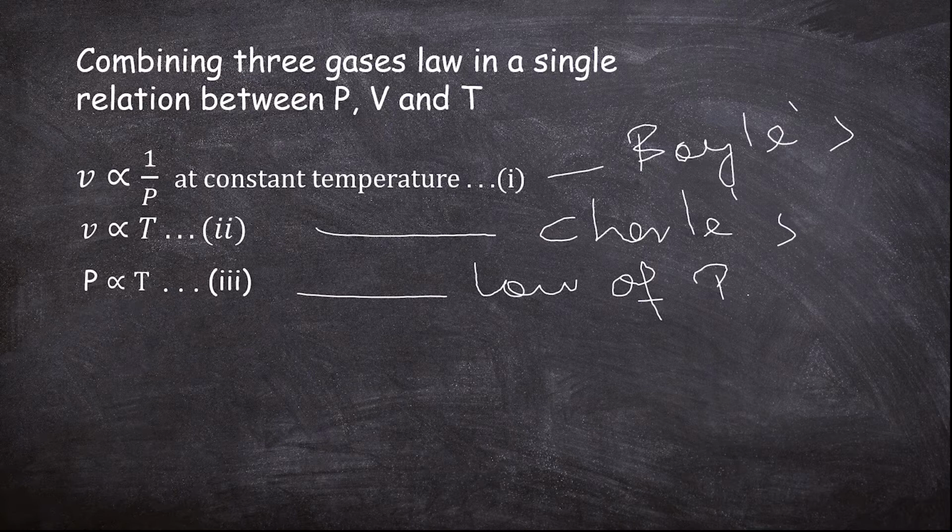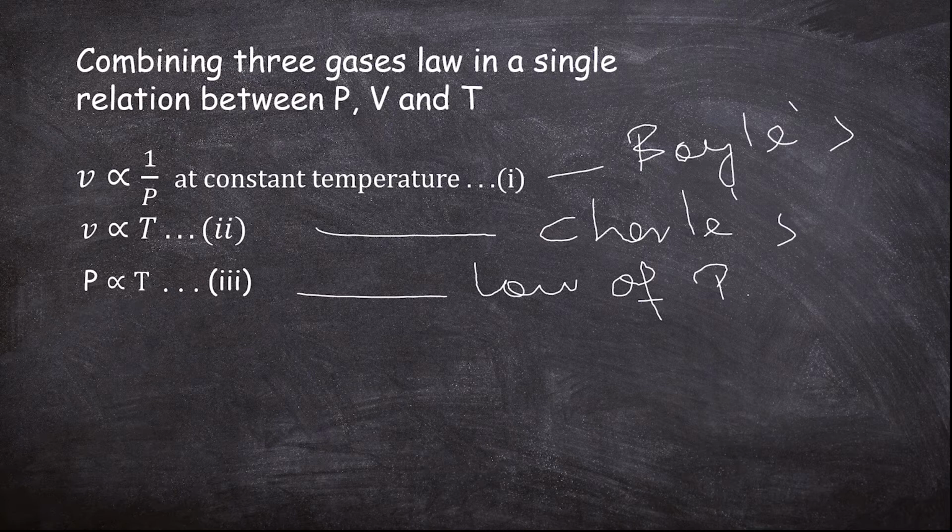In Boyle's law, the volume is inversely proportional to pressure. So when the volume increases, the pressure decreases. In the second equation, Charles law, volume is directly proportional to temperature. So when the volume increases, the temperature also increases.